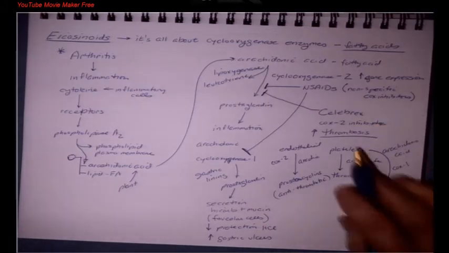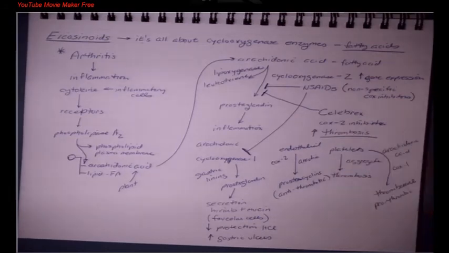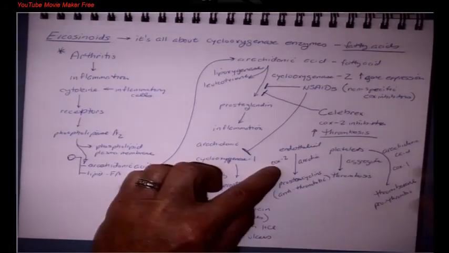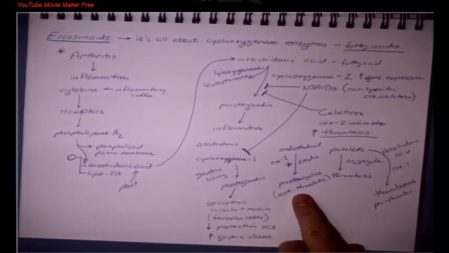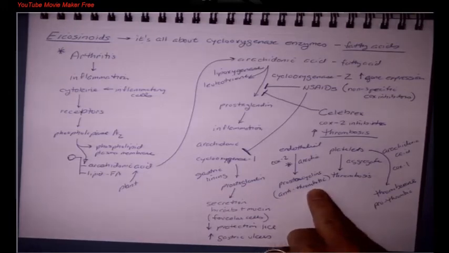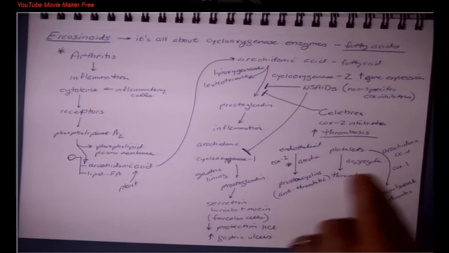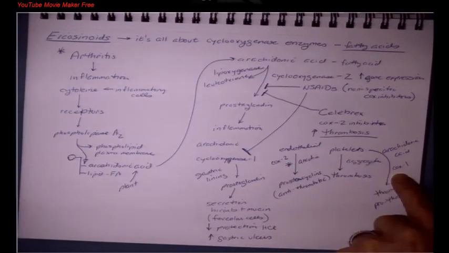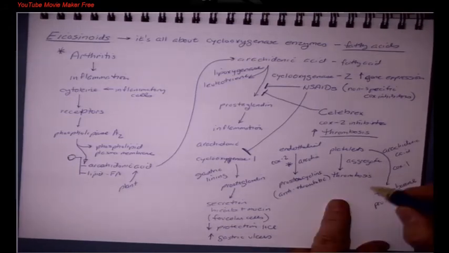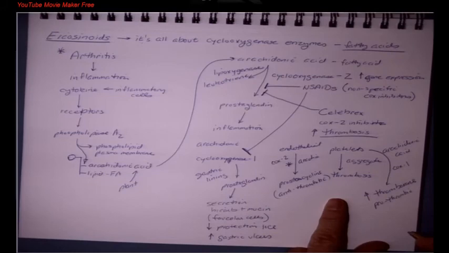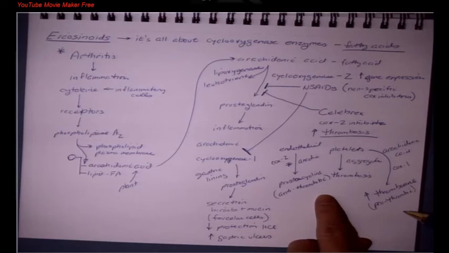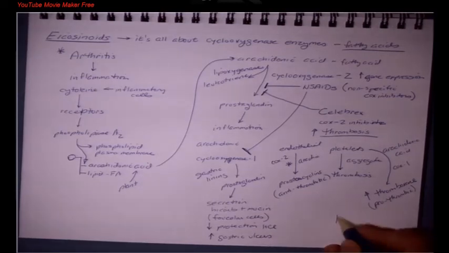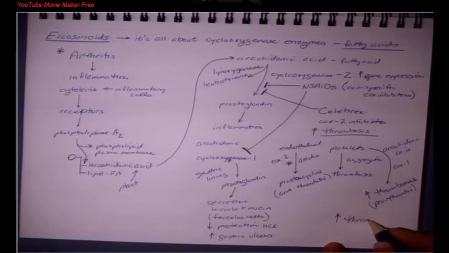If Celebrex is a specific COX-2 inhibitor, we are inhibiting the production of prostacyclins, which are antithrombotic, and that leaves platelets unchecked because we're not inhibiting cyclooxygenase 1, and so thromboxane will continue to be expressed without the antithrombotic activity of prostacyclin, so this will increase the risk for thrombosis.